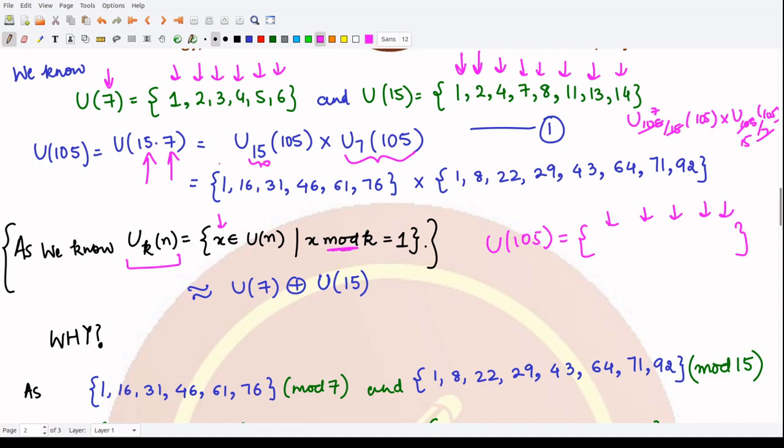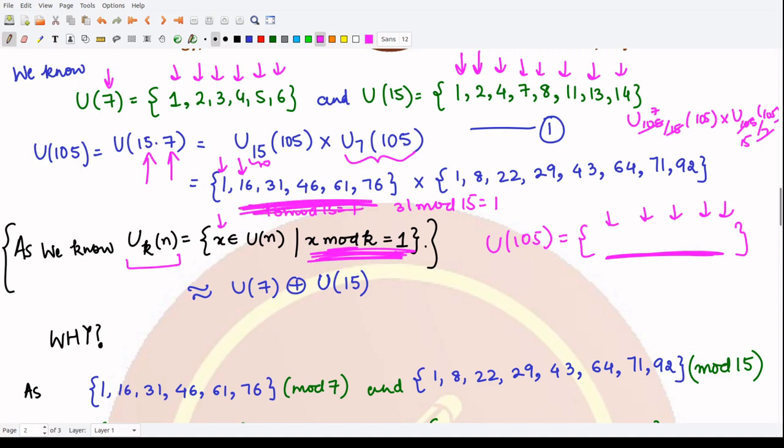So obviously it is 1. It is 16. Why? Because 16 mod 15 is equal to 1. Then again it is 31. Why? Because 31 mod 15 is equal to 1, right? And so on. And we do not have any member in between because they either are not present within this group or do not satisfy this particular condition, right? So therefore you have this set here.